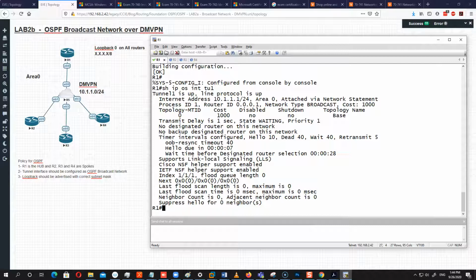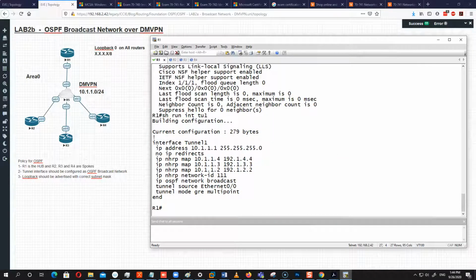I want everybody to have multicast going towards router 1, and router 1 has to have multicast towards all of them, right? Because it's a static mapping. If you look at this, it's static mapping, so we have to have multicast on all of them.